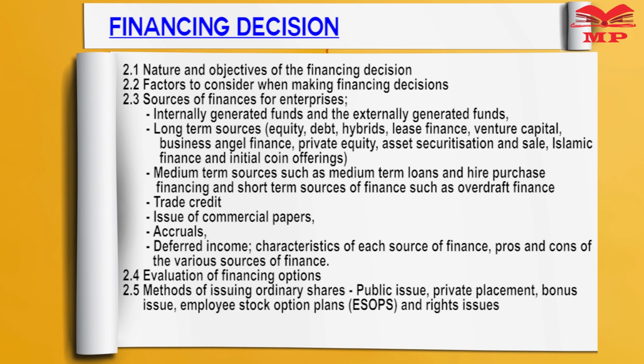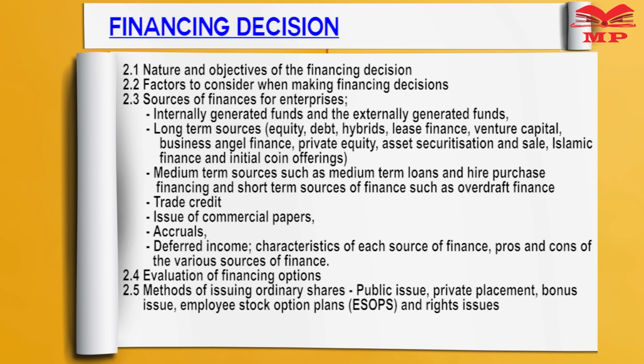We will be studying the characteristics of each source of finance. The pros and cons of the various sources of finance will also be covered in the subtopic sources of finances for enterprises. Then in subtopic number 4, we will discuss the evaluation of financing options.